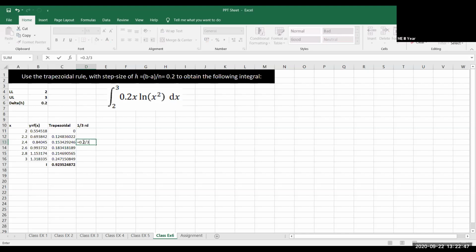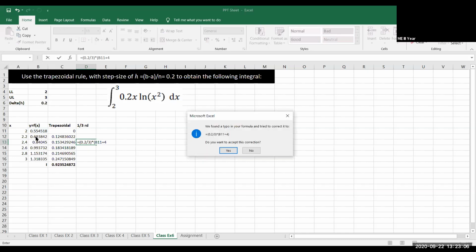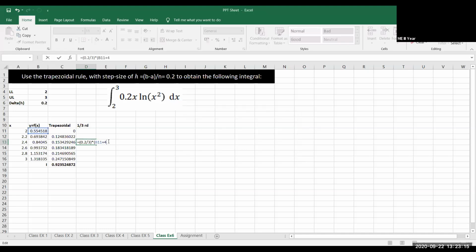Close the bracket and open another bracket, then multiply by fa, plus 4 times the middle terms. An error is coming because I have not given the multiplication sign. Plus fb, this last cell value. Then hit enter. Our formula is over.